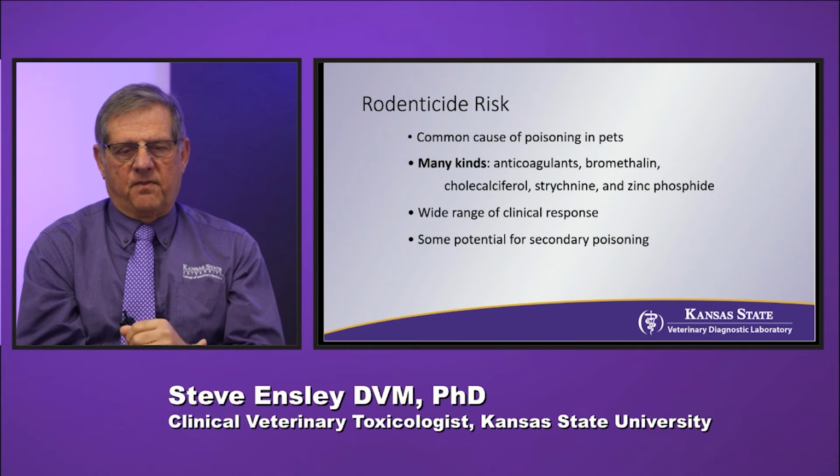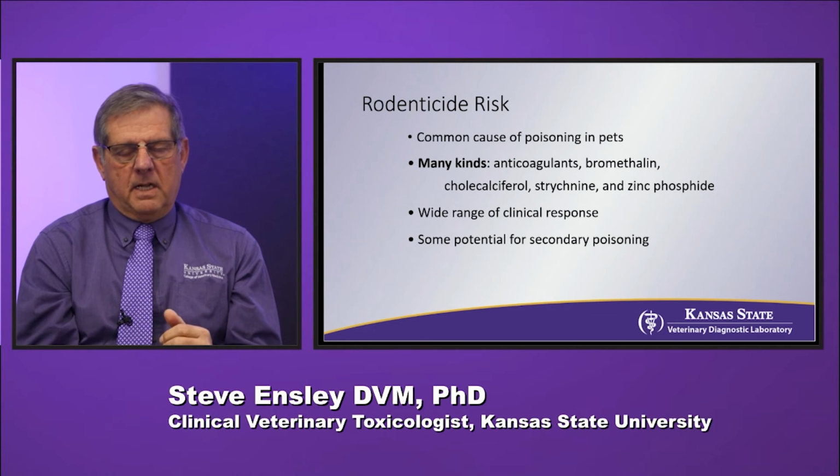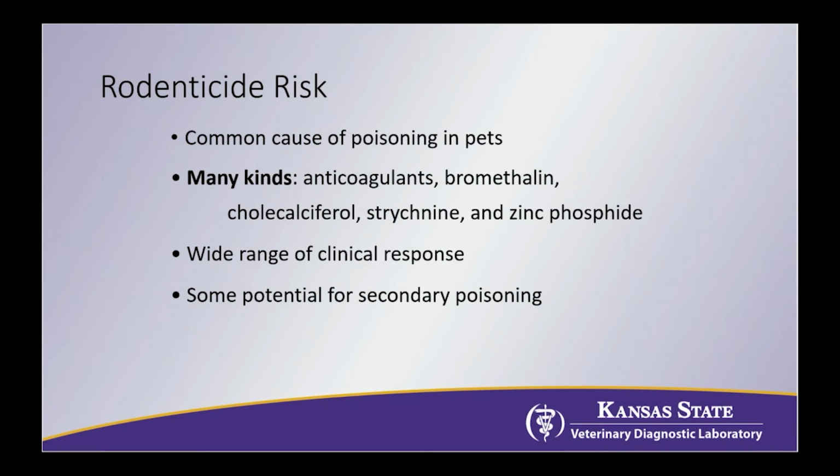Strychnine, zinc phosphate, zinc phosphide. We see these also. They're still on the market, still causing problems. So the rodenticides used to be easier in clinical practice to figure out what the exposure was and how to treat it. In the last 5 years, since EPA has pulled the long-acting anticoagulants off the market, it's gotten a lot more complicated.